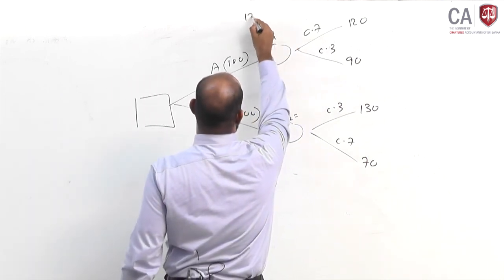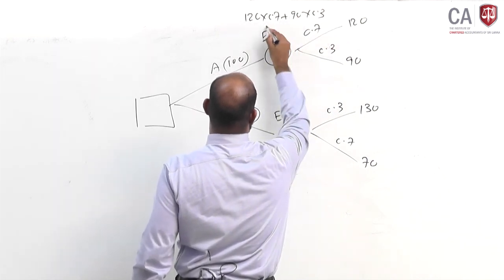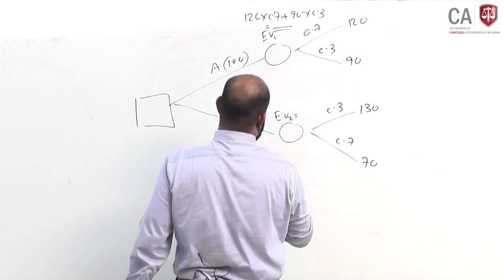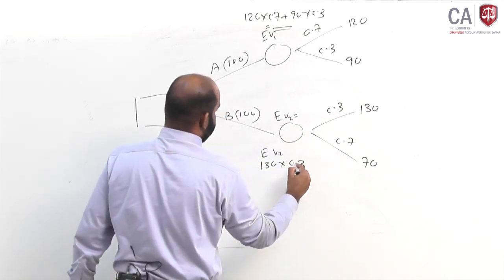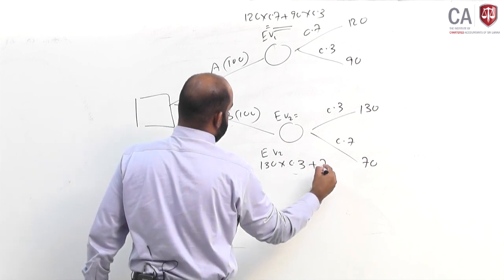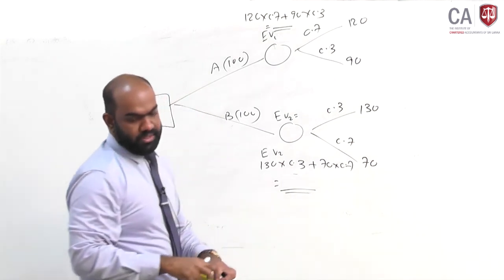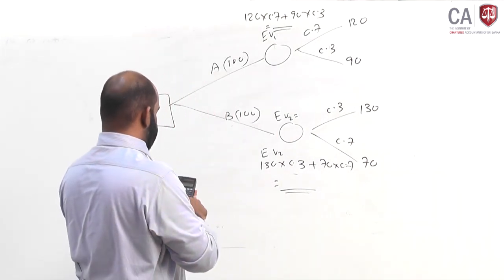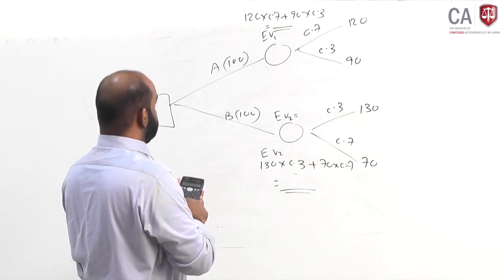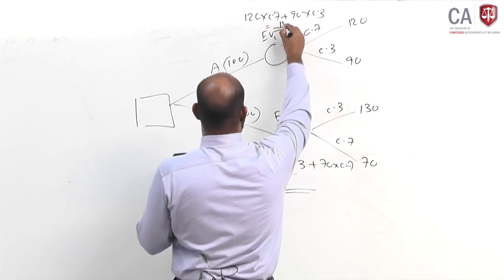let's calculate 120 into 0.7, 90 into 0.3, and you will get some value here. Then for EV2, you will get 130 into 0.3 plus 70 into 0.7, another value here. So let's do the calculation and see. 111.